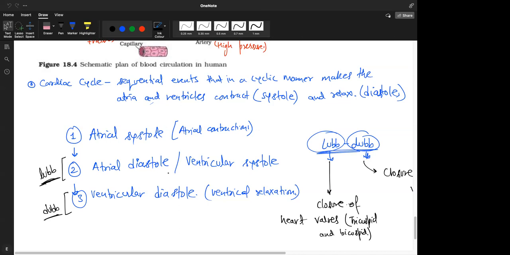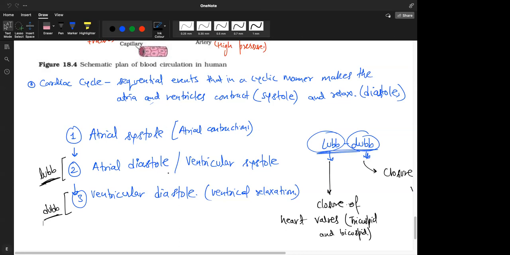Suppose it takes 0.8 seconds for the heart to fill with 70 ml of blood, and then it contracts again. But if you're contracting every 0.5 seconds, maybe just 50 ml of blood came in that time and you pumped it out, then another 50. So it's a continuous thing. Blood keeps coming, and the heart keeps pumping it out. Is that clear?